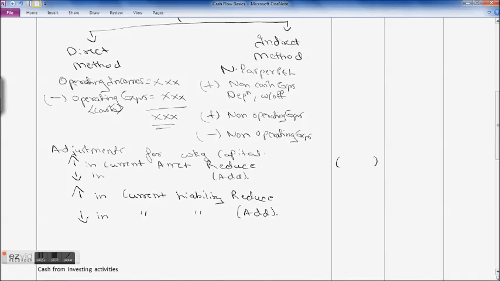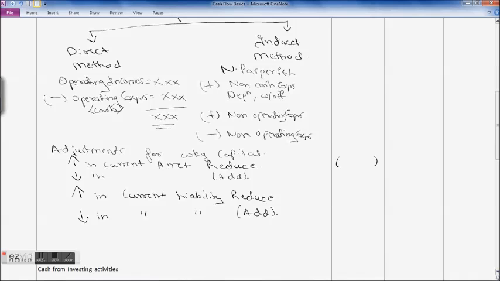But since we are preparing a cash flow statement, we have to calculate the cash inflow and outflow from the operating activities. So if there are credit sales, but only 80% of the amount is received from the debtor and the balance 20% is not received, we are not considering that 20% in cash from operations, we are considering only 80%.